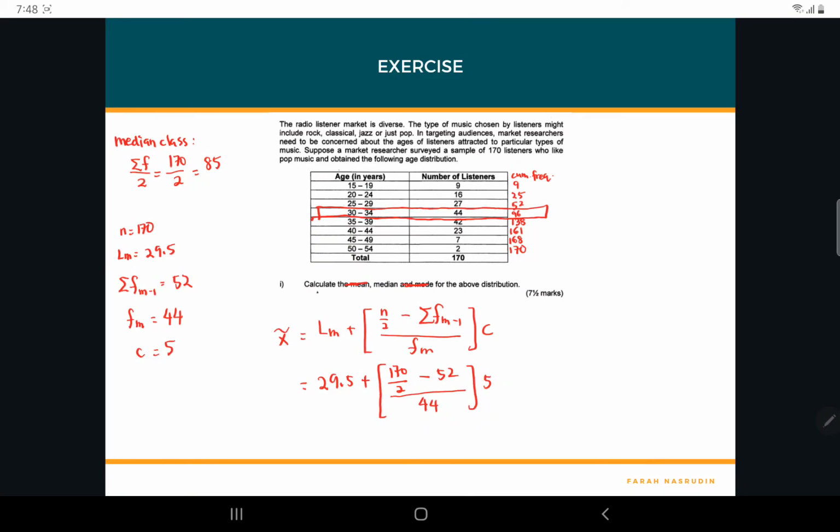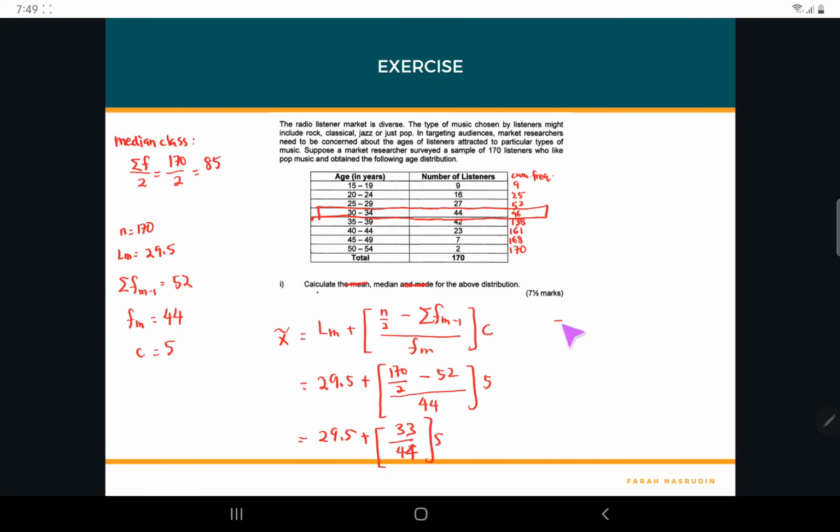then multiply with 5. If you are using your calculator, make sure you calculate the value in the bracket first. So 170 divide by 2, and then minus 52. So we got 33.